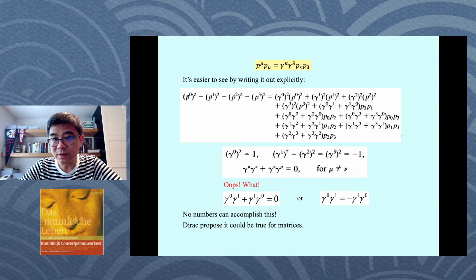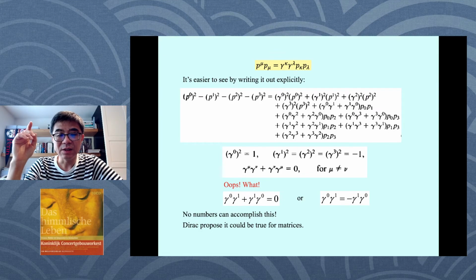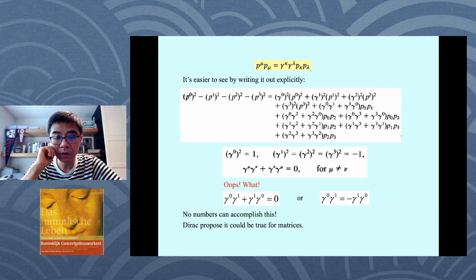However, that's the genius idea of Dirac. Dirac proposed all these constant gamma could be true for matrices. How about we propose this gamma to be matrices? Then it is not hard to find matrices that anti-commute.